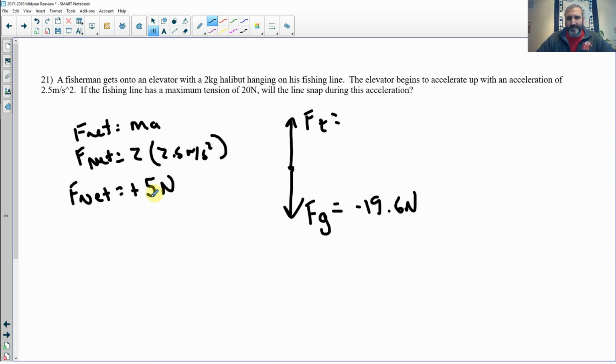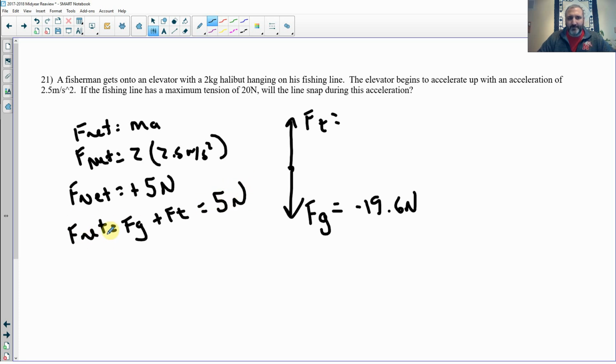I hope that makes sense. So that means the tension and the gravity have to add up to positive 5 newtons, which means my tension has to be 5 newtons more than 19.6 newtons. Does that make sense? So F net equals Fg plus Ft, which equals 5 newtons.